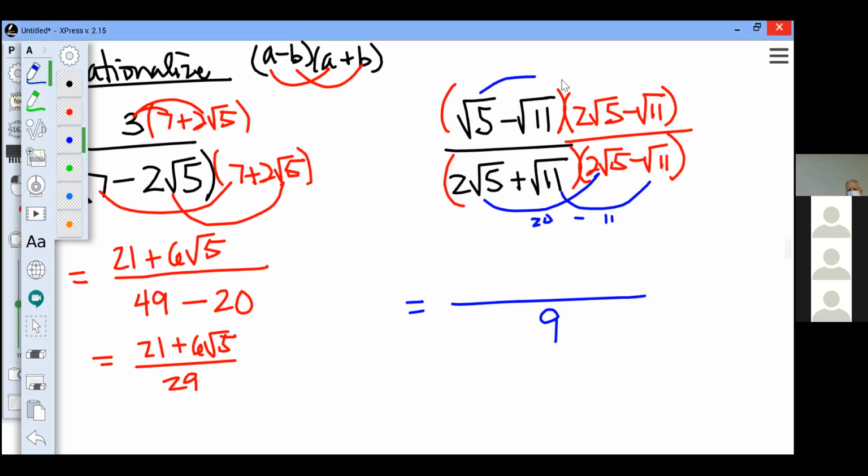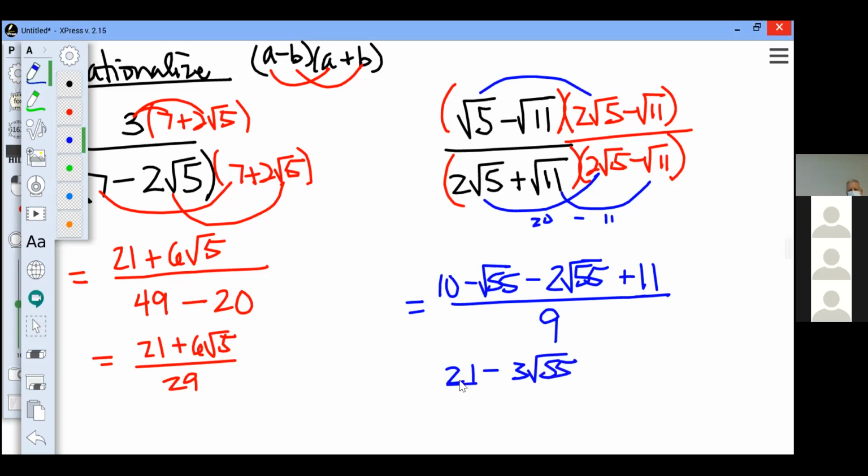Let me just start writing it down: we got 10 minus the square root of 55, minus 2 square roots of 55, plus 11. And then you can combine the 10 and the 11: 21 minus 3 square roots of 55 divided by 9, and you yank out a factor of 3. 7 minus the square root of 55 over 3. Good.